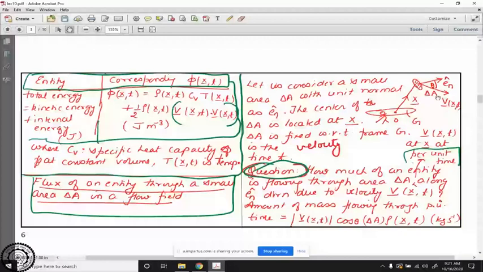So it's not only important to have non-zero V for transport to be possible across an area of this sort, but it's also important how it is aligned with the area, and that is the effect which is captured here. Again, you can check that this is dimensionally sound. It does give us kg per second.